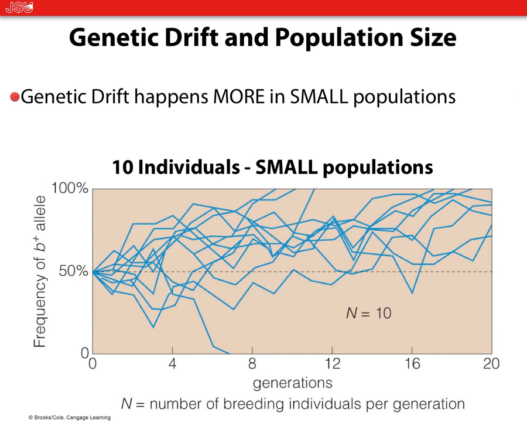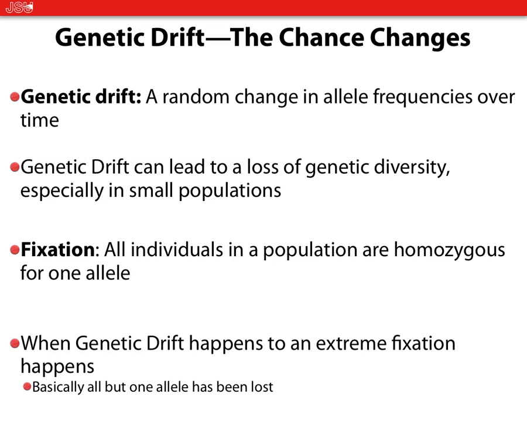Okay, genetic drift. And this is the last thing, and then we'll have that really quick quiz. So genetic drift. What's genetic drift? That's the change in allele frequencies over time. You can write that fixation down.